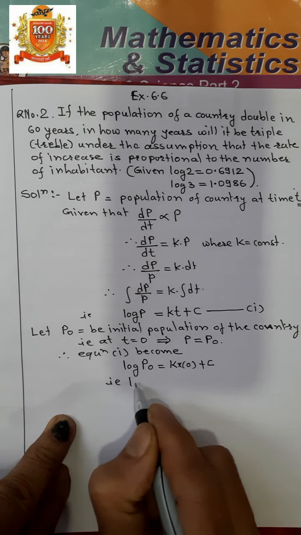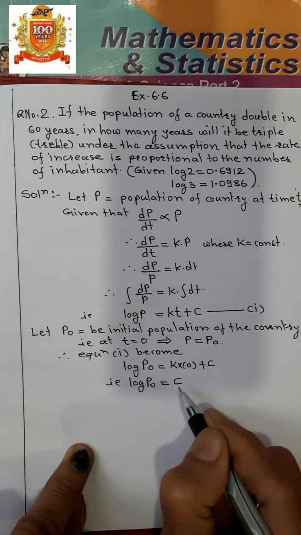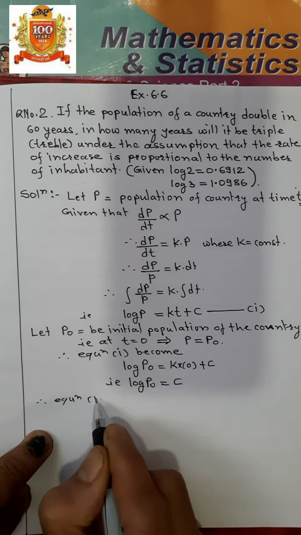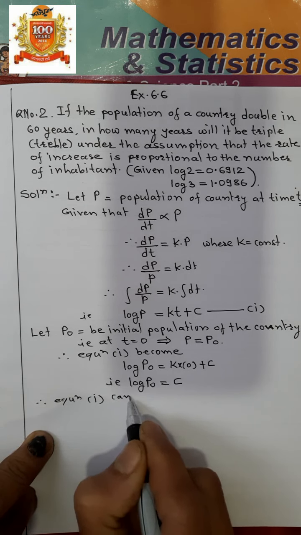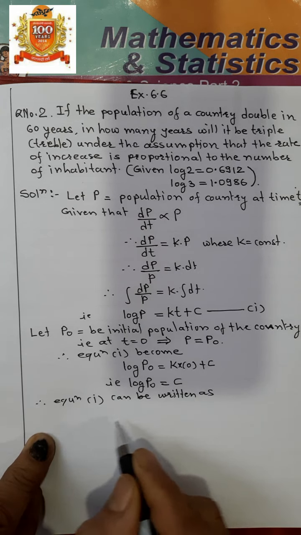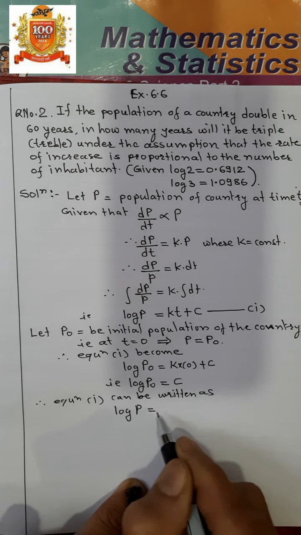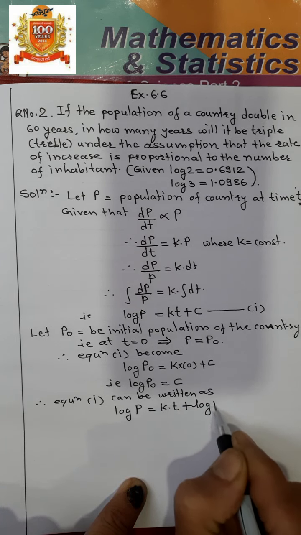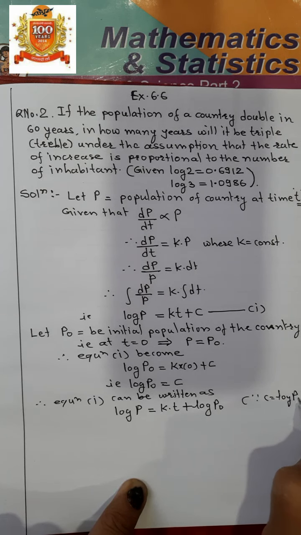That is, log of P0 is equal to c. Therefore equation 1 can be written as log of P is equal to kt plus log of P0, since c is equal to log of P0 we have. Denote this equation as 2.